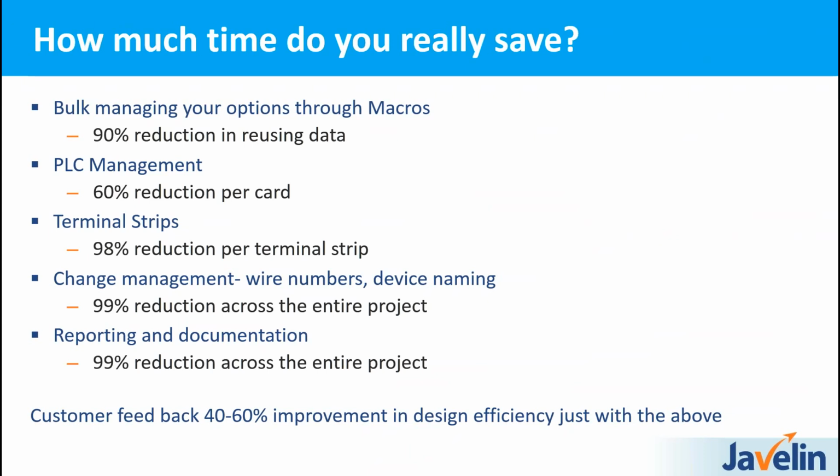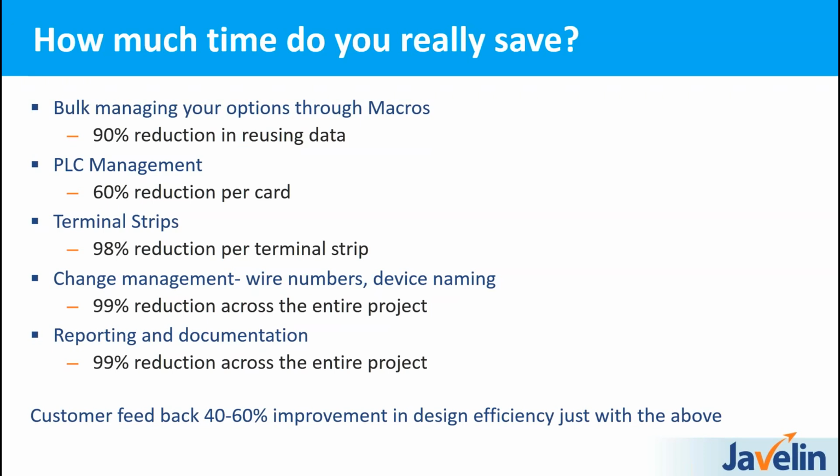When we talk about SOLIDWORKS Electrical, some people see it, some people don't. This is what we typically think you should see if you're using the software correctly. When you get to use macros, you should be seeing a good 90% reduction in the time it takes to reuse data.